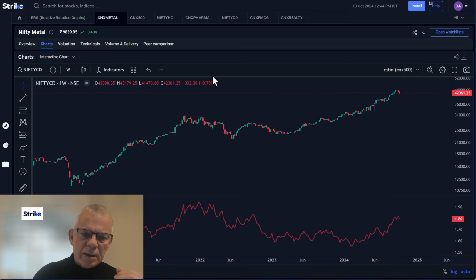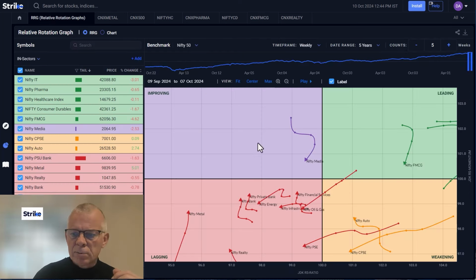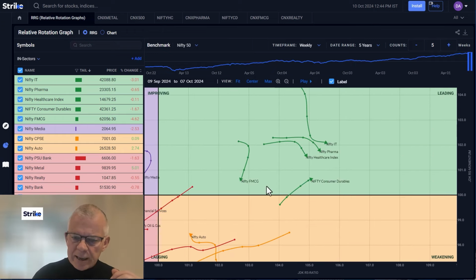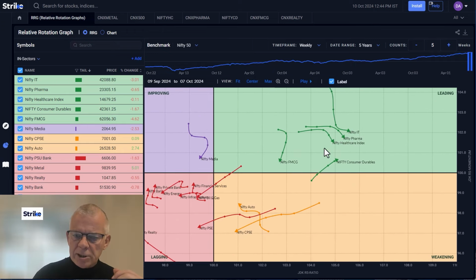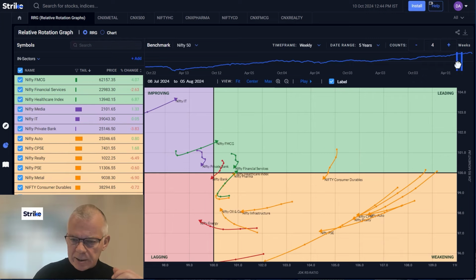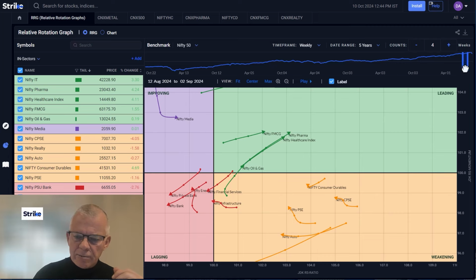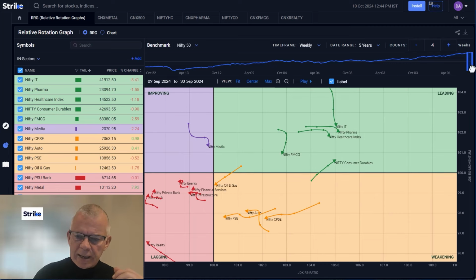Another sector that I want to talk about is consumer durables. If we look at consumer durables on the RRG, you see that it's way to the right, and it's in an opposite rotation of the media sector. If we grab that here, you can see how it has rotated through leading, went through weakening, and now crosses back into the leading quadrant.